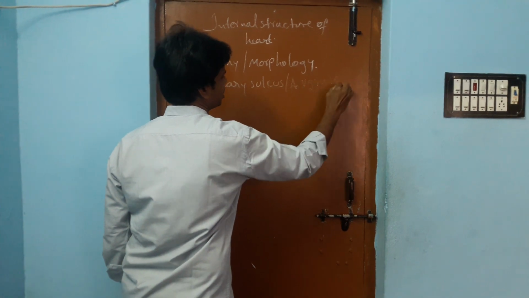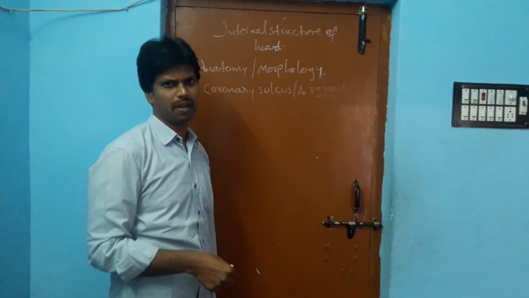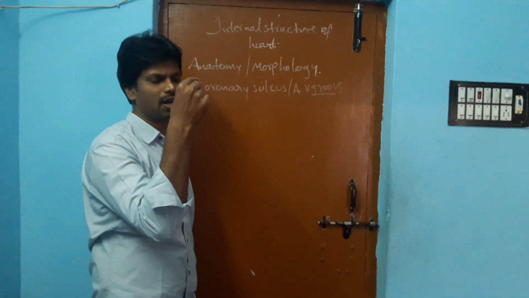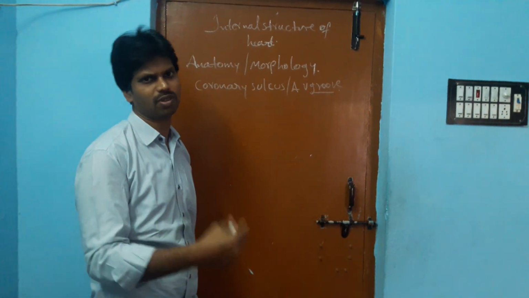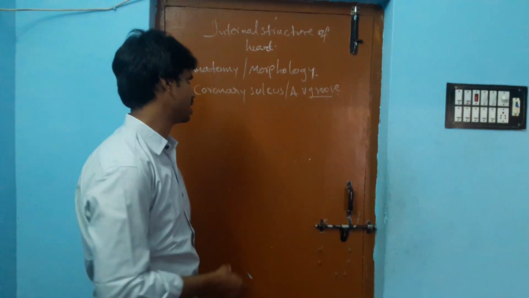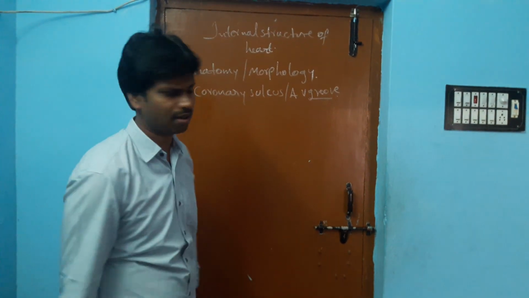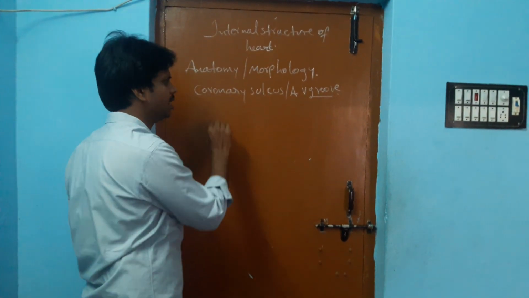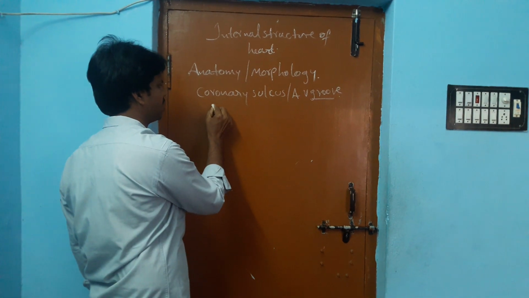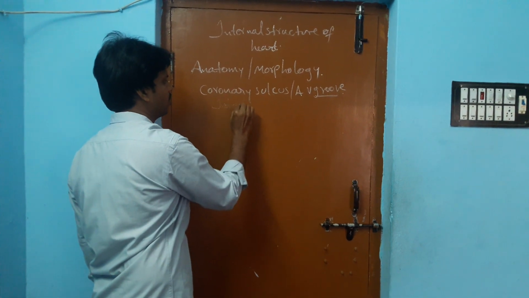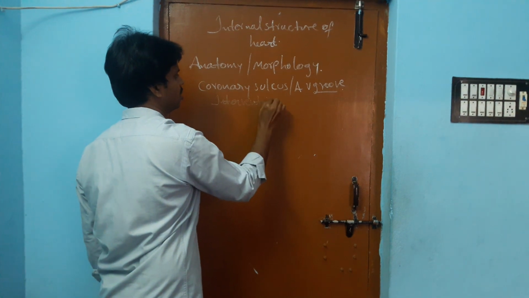A groove is nothing but a depression. This groove separates the auricles from the ventricles. Similarly, externally the ventricles are separated by the interventricular groove.